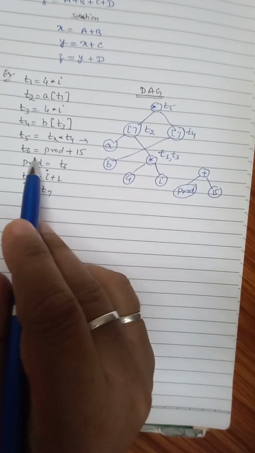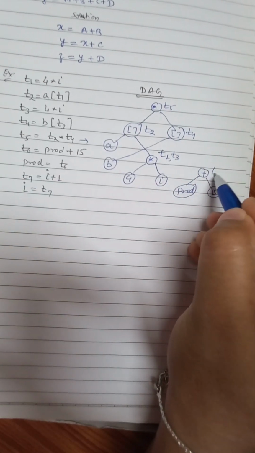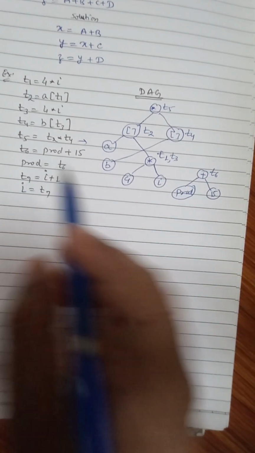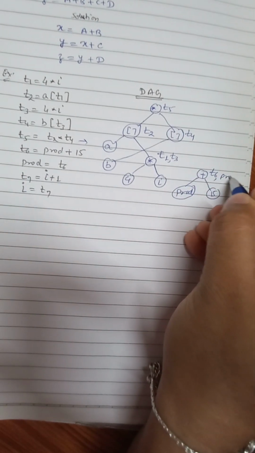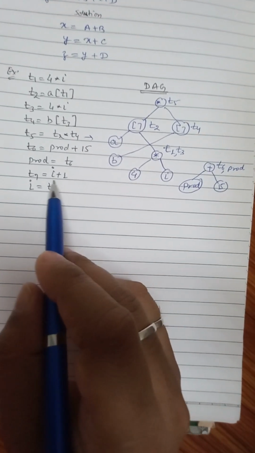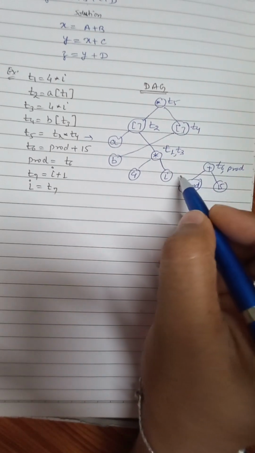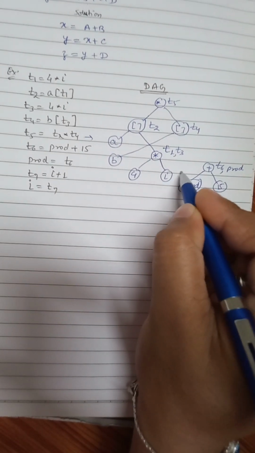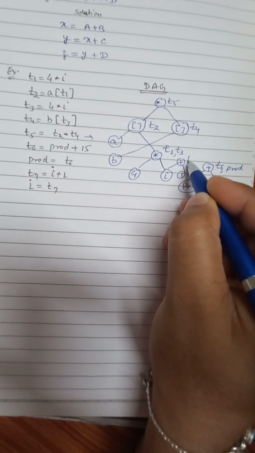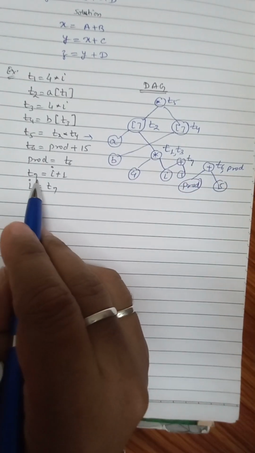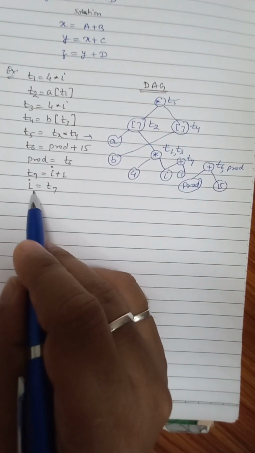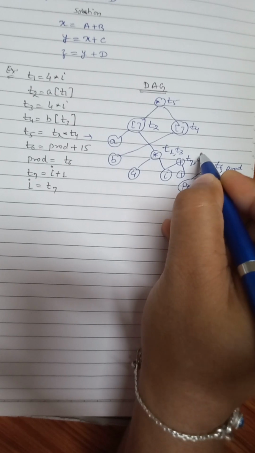T6 is equal to prod plus 15, and we have assigned the T6 value to prod, so I will write here prod also, comma prod. Now what is left? T7 is equal to I plus 1, so I will make it here I plus 1 and T7. This is plus and this is T7. T7 is equal to I plus 1, and we have assigned this value to I, so I am writing here I.